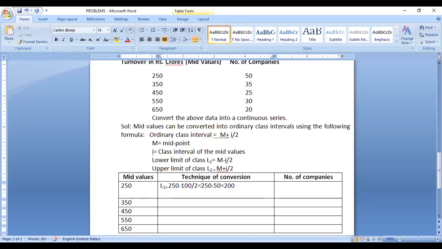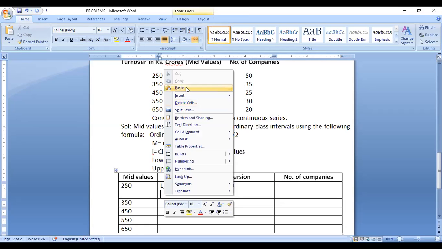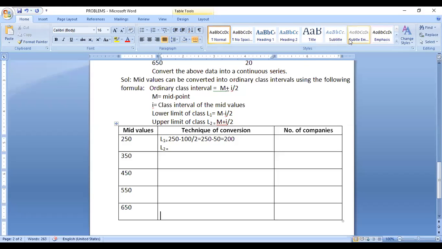And L2 is equal to 250 plus 100 by 2, that is equal to 250 plus 50, that is equal to 300.